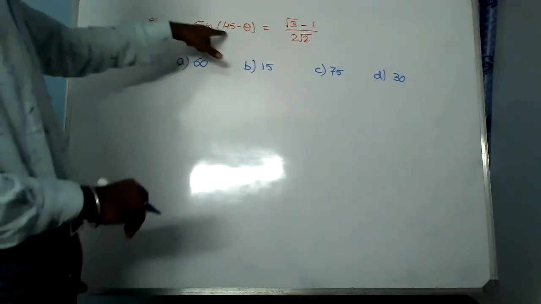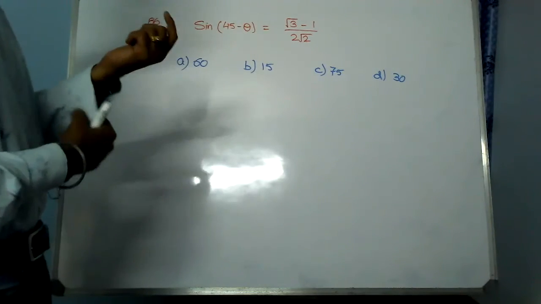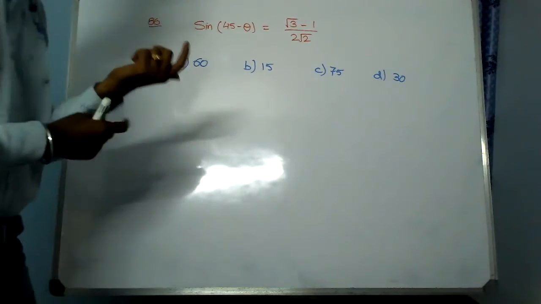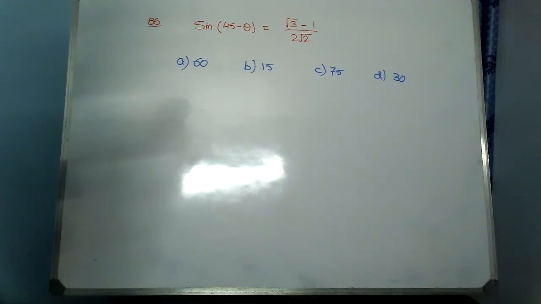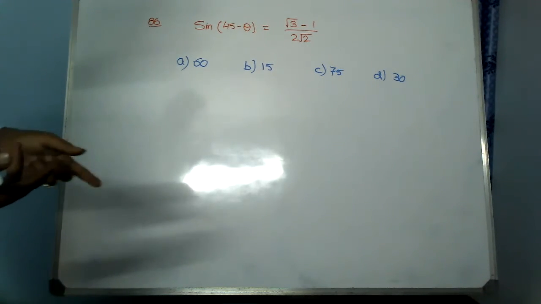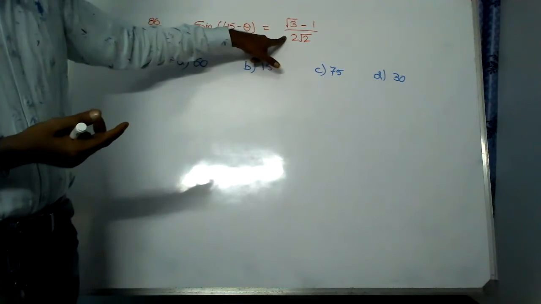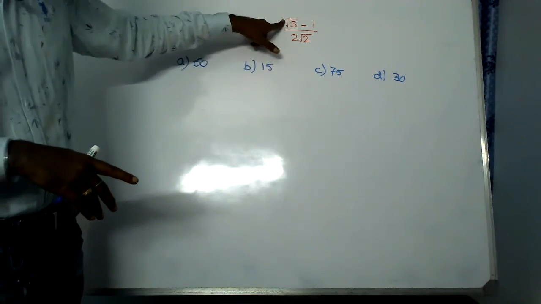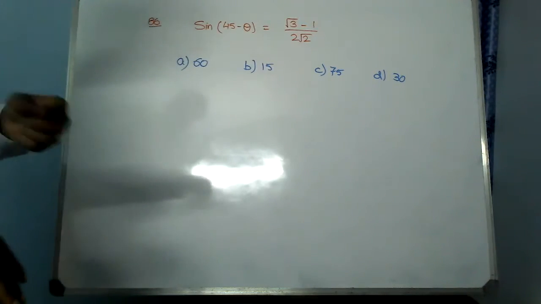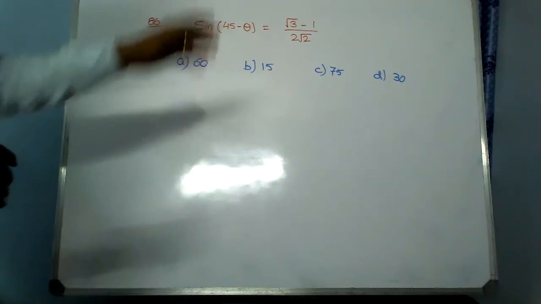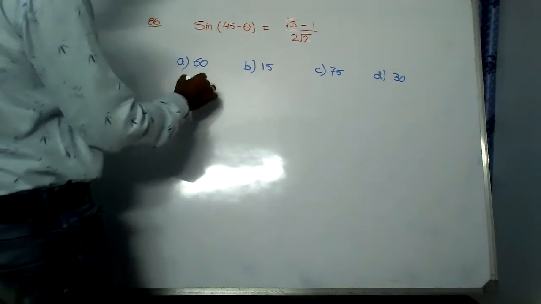I'll clearly tell you. See, sine 45, if you put theta equal to 60, sine 45 minus 60, what? Sine minus 15, sine minus theta is minus sine theta, so it will be minus sine 15. This value is not negative for sure, because root 3 is 1.732, root 3 minus 1 will be a positive number, 2 root 2 is a positive number. The whole thing is positive, so this option is anyway rejected.